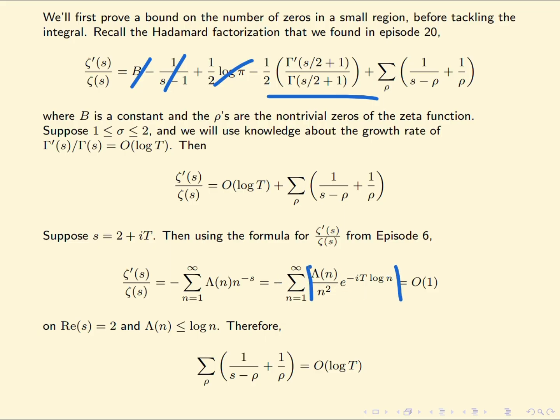If you take out the negative sign, I can split this absolute value into two absolute values, and this one is just 1, so that goes away. And then the von Mangoldt function is O of log of n, which is much slower than any polynomial, so this thing just converges. And notably, this converges regardless of what t is, so this is also O of 1.